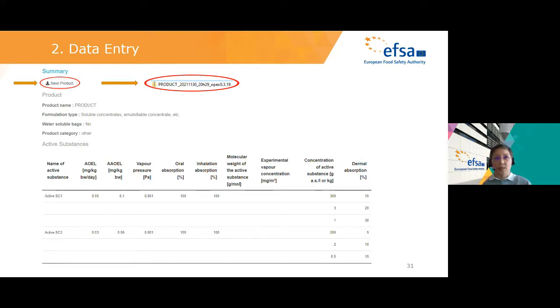And in this summary, you see first an overview of all the data in this first page. With the summary, you have an overview of all the data you have entered for the product, for the active substance, and when you go below, for the application scenario and intended use. Next slide, please.